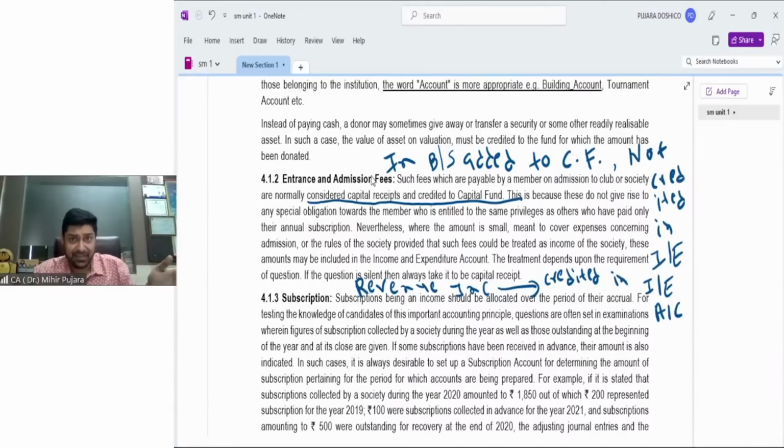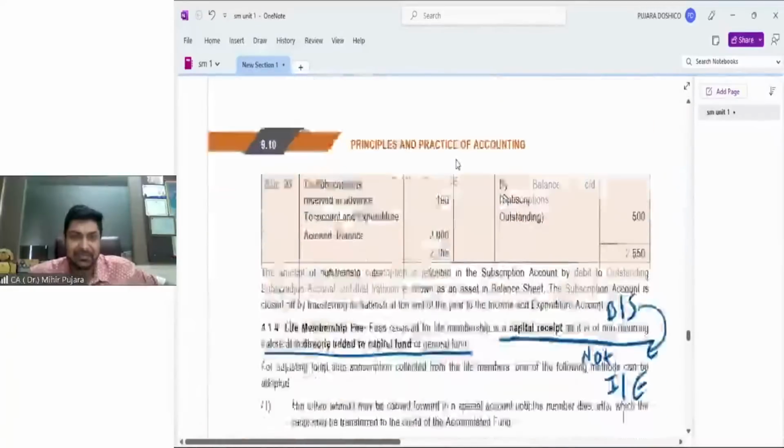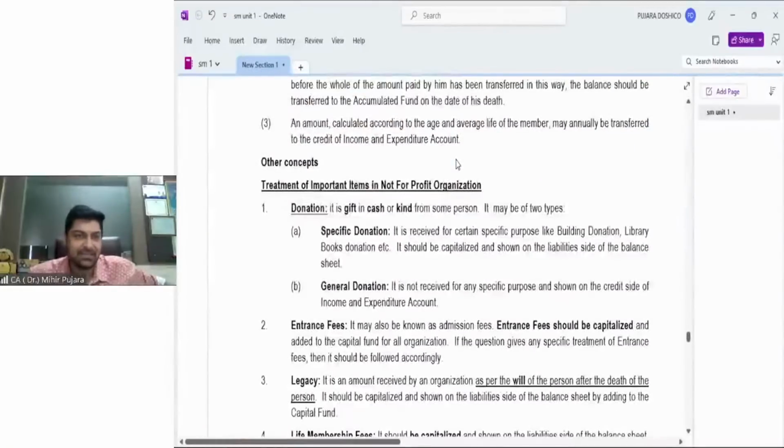If it is specifically said, then 50 percent will be part of balance sheet and 50 percent part of INE. But if nothing is specified, it is always added to the balance sheet as a capital fund, as we discussed.